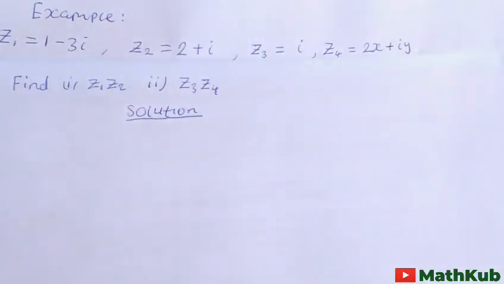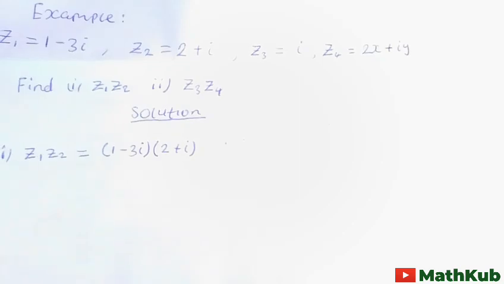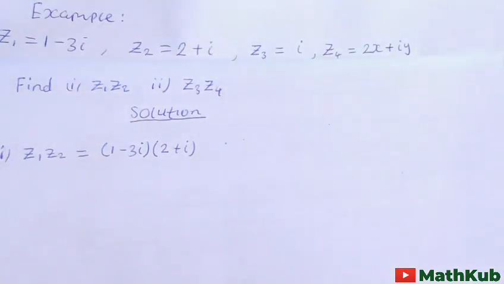I want to continue with this example. Find z1, z2, z3, z4. z1 z2 is equal to (1 minus 3i) times (2 plus i).